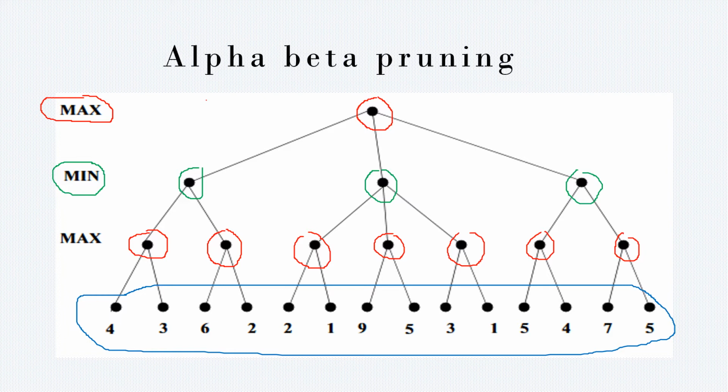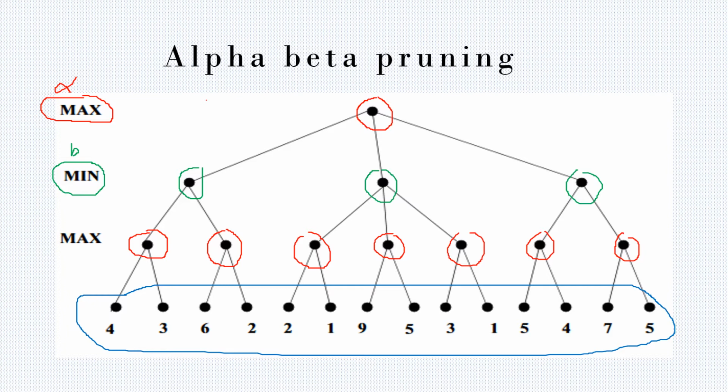We can use alpha for Max, and we can use beta for Min. Max will try to get the maximum number on the board, while Min will try to get the minimum number on the board.